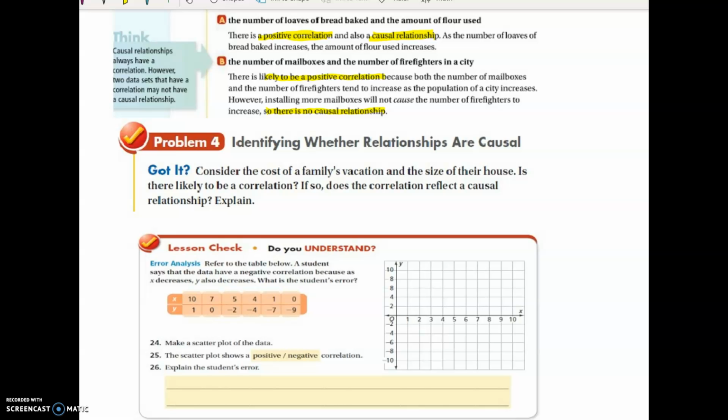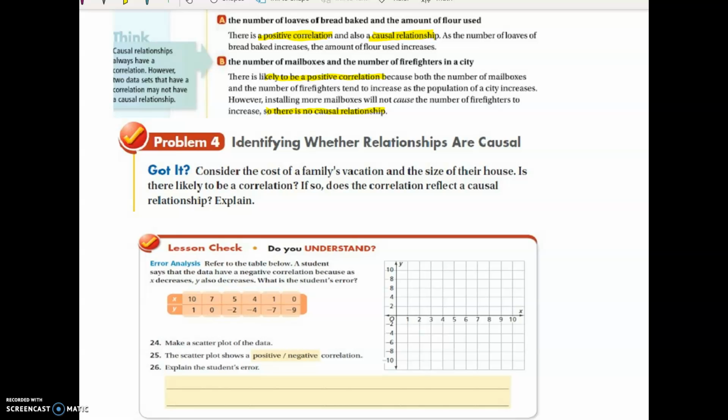Does one cause the other to change? So the cost of your family vacation, does that cause the size of your house to change? And I would say the answer is no. So even though there probably is a correlation between the two, I would definitely think that the correlation is not a causal relationship. And sometimes it can be based on somewhat of your opinion, but you can also look up those statistics if you really were interested in that, okay?